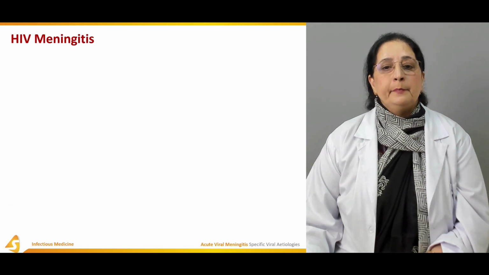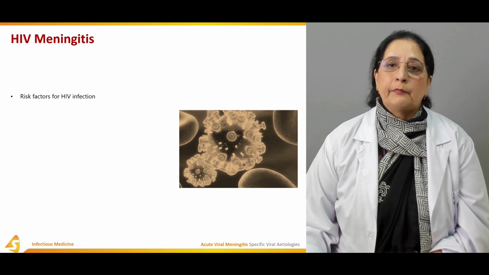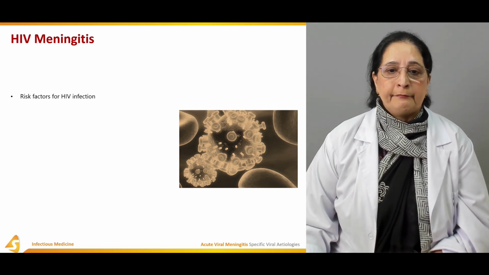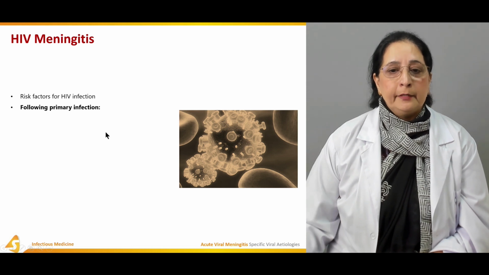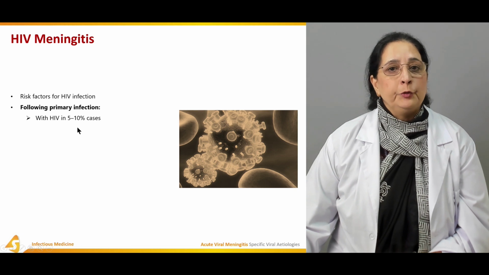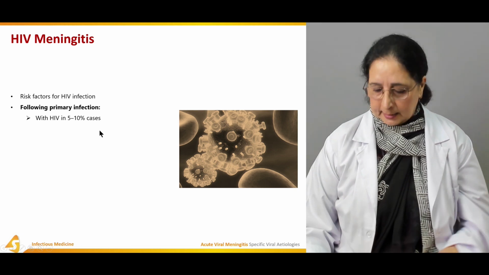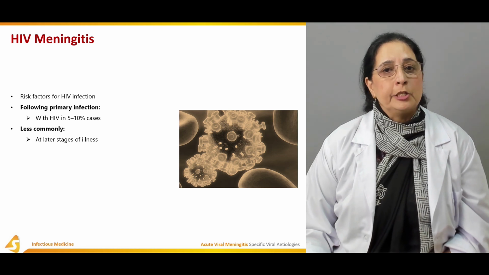Next, HIV meningitis. In HIV meningitis, there are risk factors for HIV infection. It occurs following primary infection with HIV in 5 to 10% of the cases, less commonly at later stages of illness.